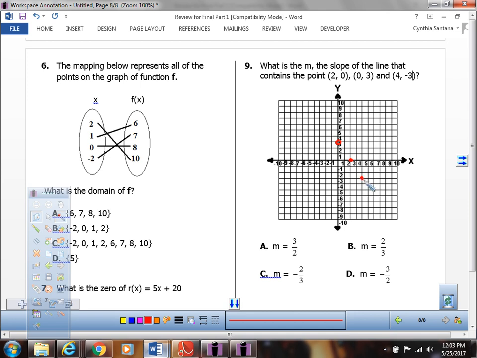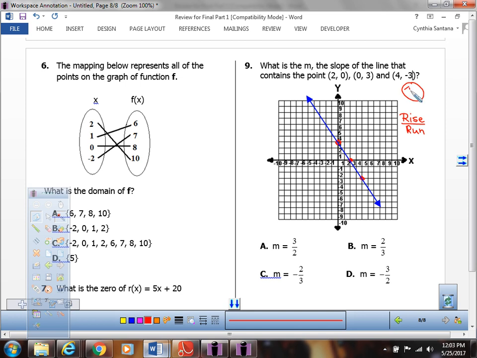Right there. So if they want the slope of that, you need to draw a line. So go ahead and connect them. Draw a line that goes right through those points. Slope is rise over run. So all we need to do is count the rise, and we need to count the run. But we also need to remember that slope guy will help us with the sign. So yes, it is negative.